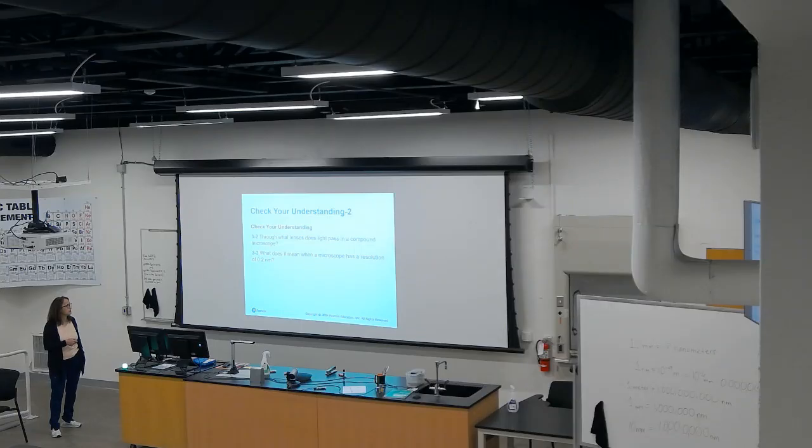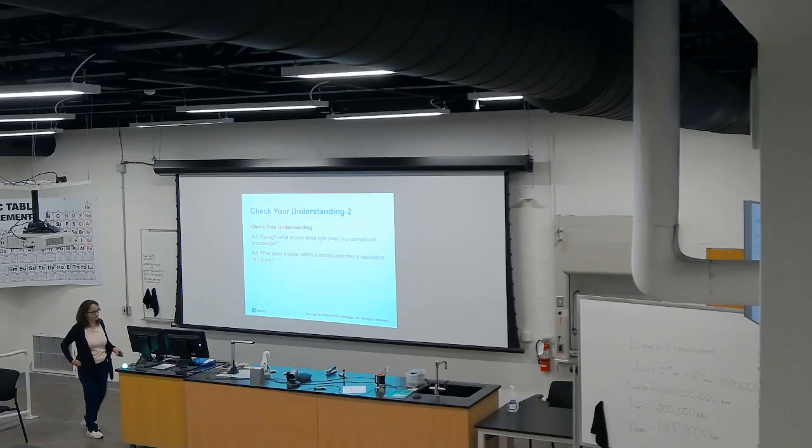Then what does it mean when a microscope has a resolution of 0.2 nanometers? It's the minimum distance at which two things can be distinguished. So that's the minimum distance to see objects that are separated by 0.2 nanometers.